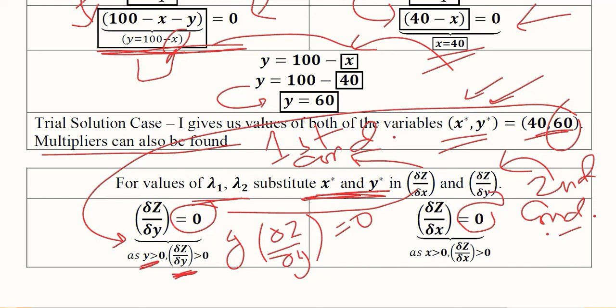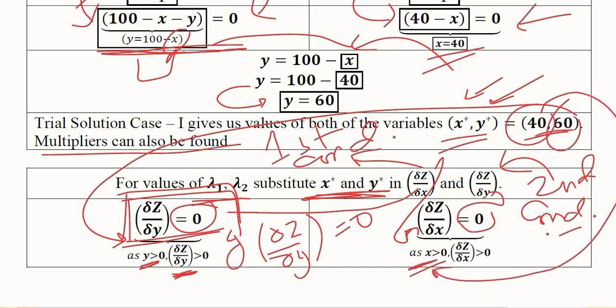So this term has to be equal to 0 in order to fulfill the complementary slackness. Here a similar thing will happen, that this term should be equal to 0, and why is it equal to 0? Because x is positive. X is 40. So it is now confirmed that it is a positive value. Therefore, in the product of these two, this term has to be equal to 0, just like we did in this case.